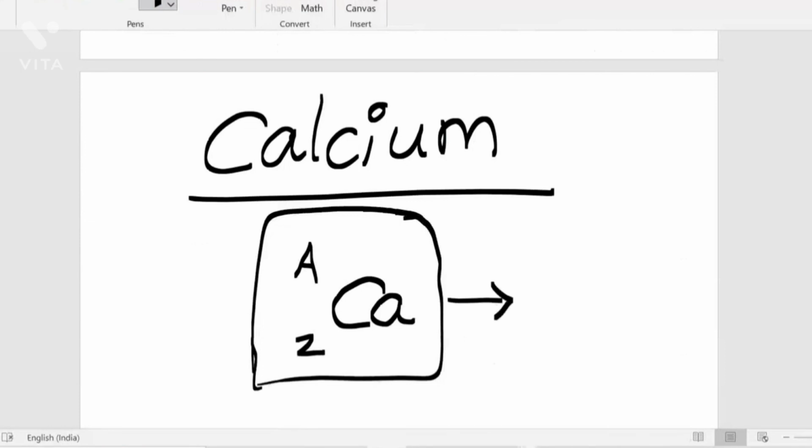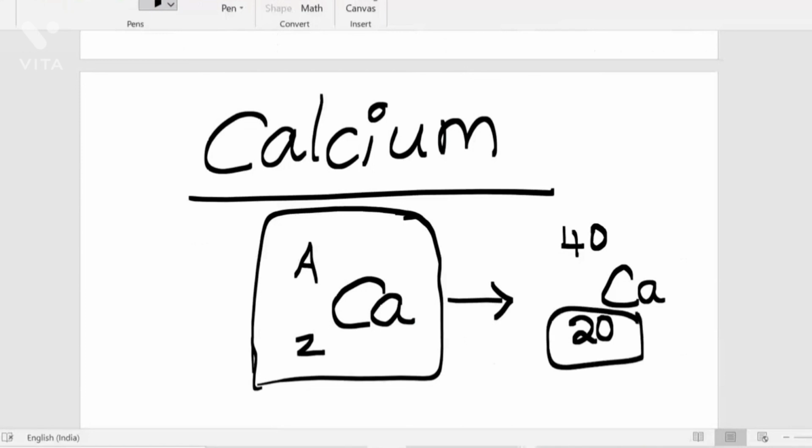This is the way to write mass number and atomic number. Here, what is the mass number of calcium? It is 40. So I'm representing in the place of A, 40. Then I'm writing Ca. Then Z, the atomic number, it is 20. It's the 20th element in the periodic table.